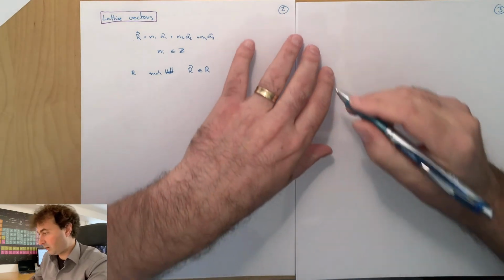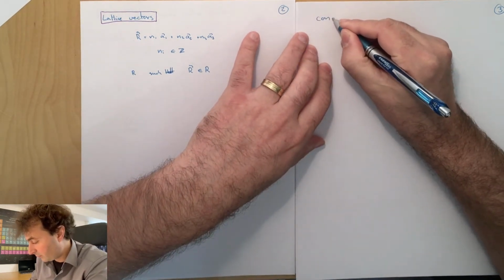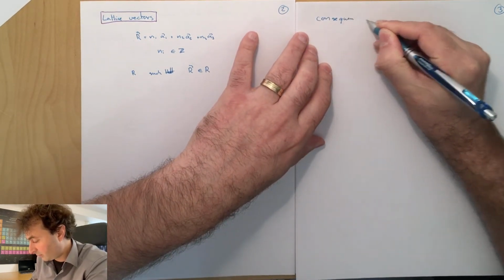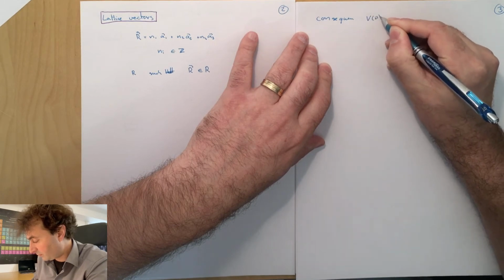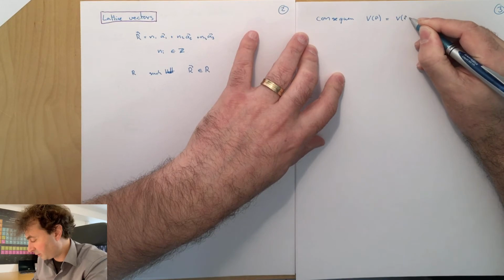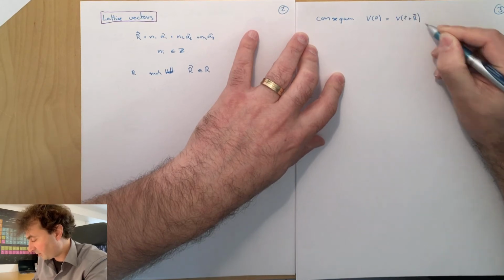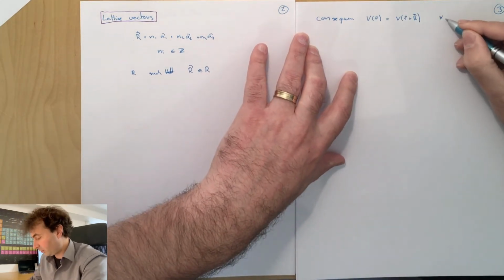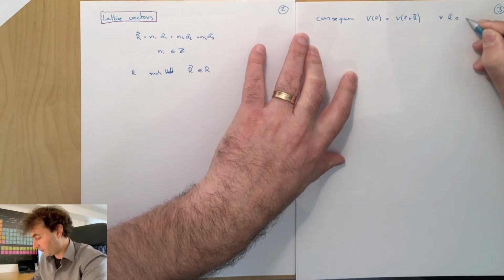Now, we know that our potential is periodic. So V of R must be equal to V of R plus a lattice vector, for all lattice vectors.